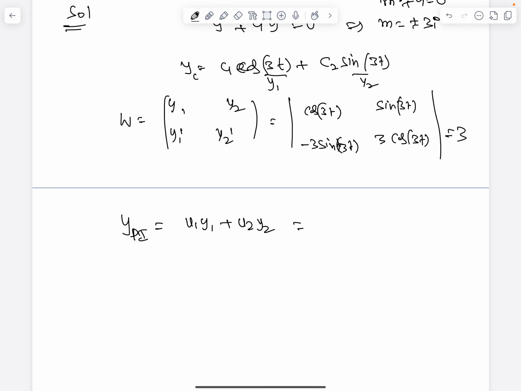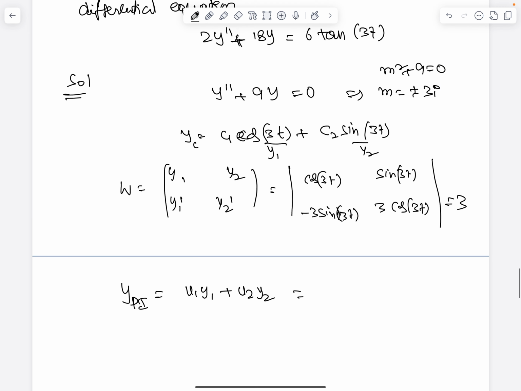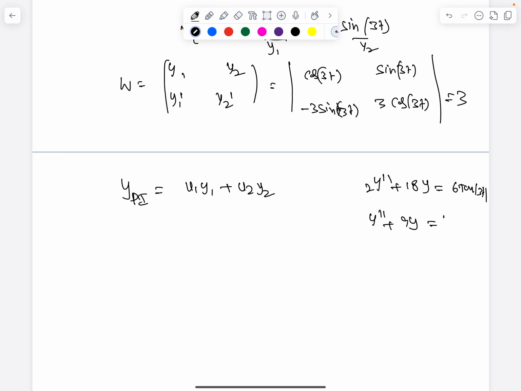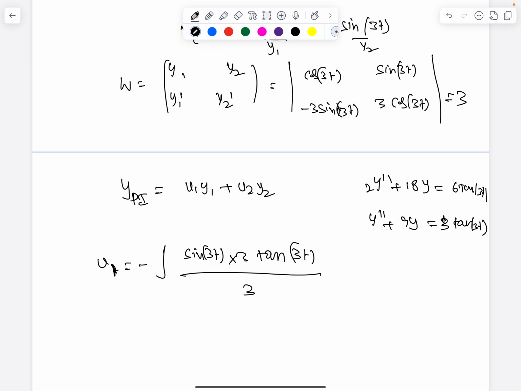So v1 you have to find, but y1 is cos 3t, y2 is sin 3t, you know that. Here r of x is equal to 3 tan 3t. So v1 is equal to minus integration of y2, y2 is sin 3t, and then r of x is 3 tan 3t divided by the Wronskian W, which is 3.